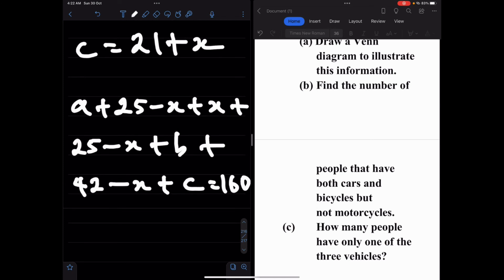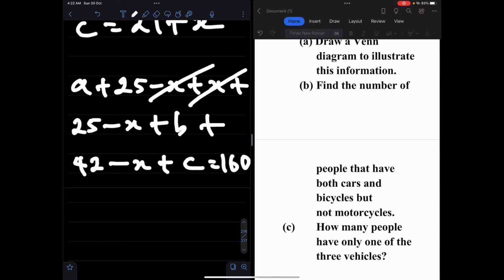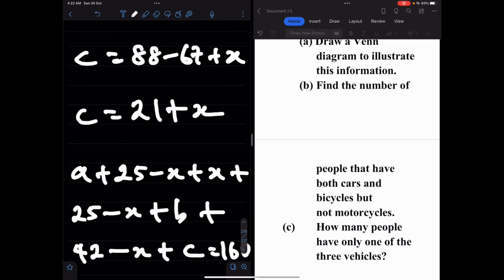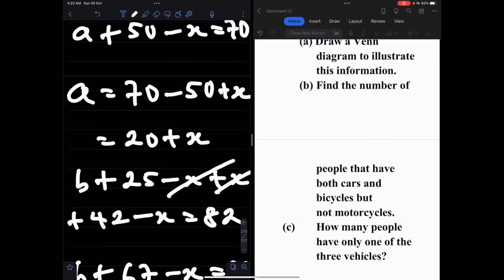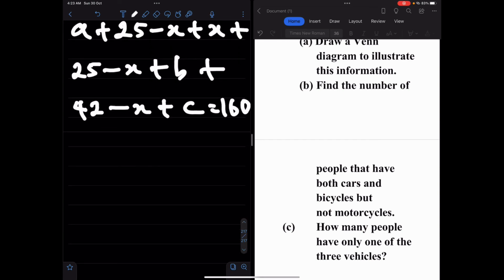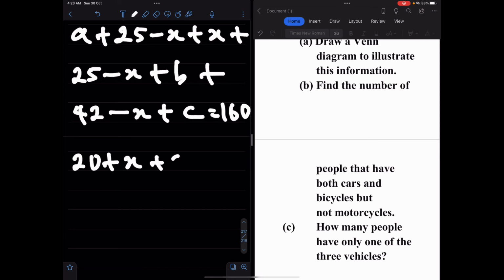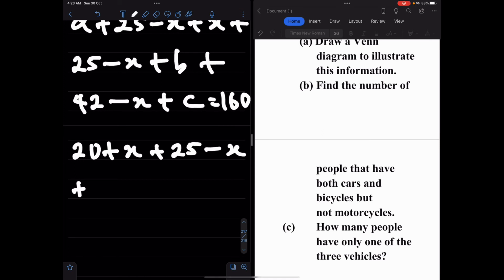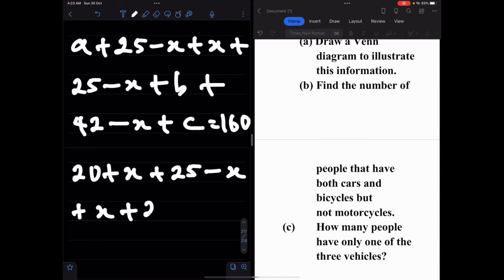And what does that mean? Minus x cancels plus x. Before I even start cancelling out, let me write a. What is a? A is 20 plus x. So this simply means 20 plus x plus 25 minus x plus x plus another 25 minus x plus b.